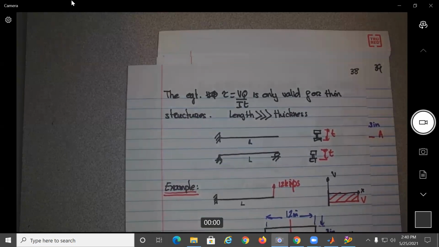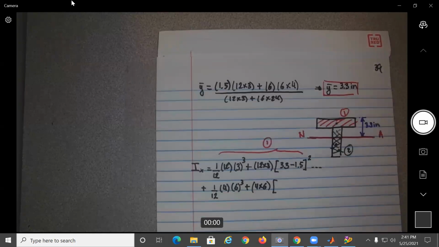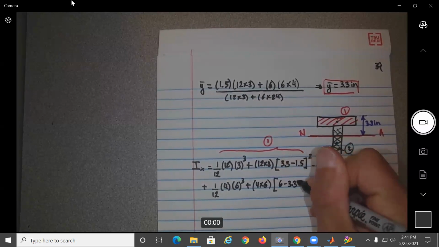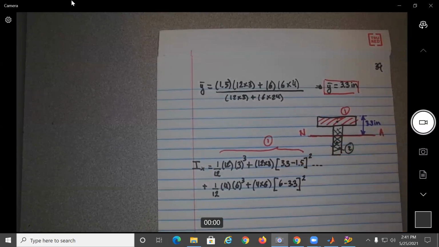Yeah, so it should be 6 minus 3.3. You see that? Okay. So this could be, I mean, you can look at it differently, but this should be equal to 6 minus 3.3 squared. Let me check. Look at my notes. Yeah, I have the same thing.